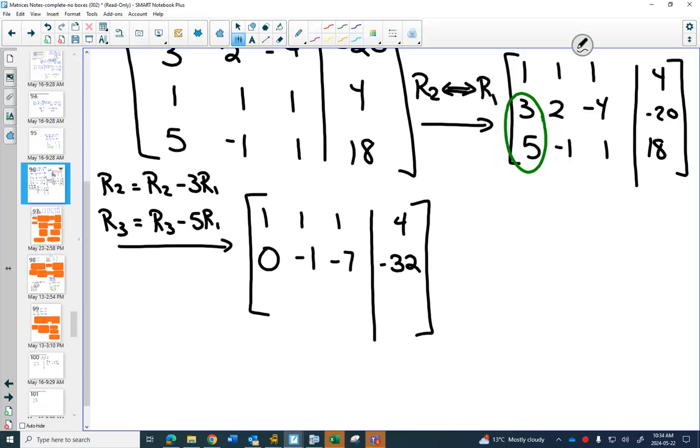Everybody good with the mental math of what had just happened? Row 2 got changed by taking row 2 and subtracting 3 row 1s. Now I'm going to change row 3. Row 3 is getting changed by taking row 3 and subtracting 5 row 1s. That will give me a 0 there. I would take the negative 1, subtract 5 1s would give me negative 6.